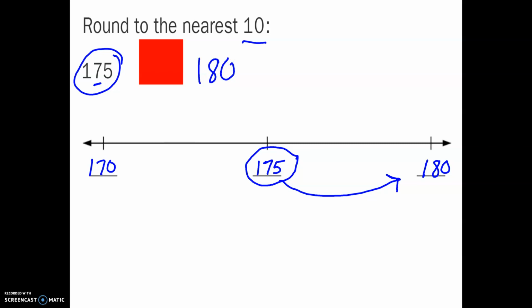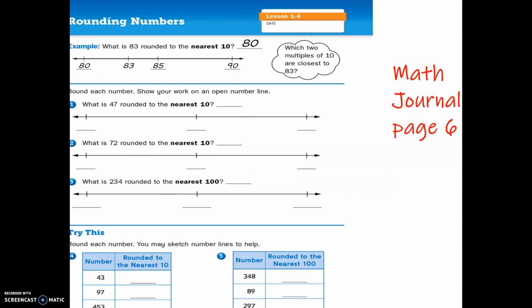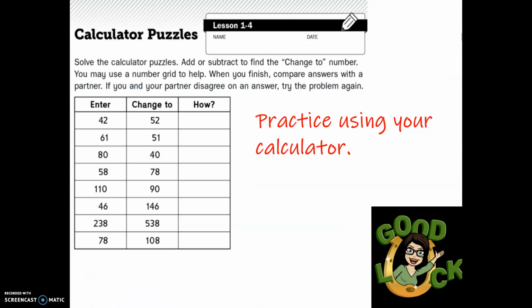Okay, so in your math journal on page 6, there are some practice problems for you to do. Moms and dads can help. Snap a picture and have moms or dads email it to me. Okay? And then here's a page that you can practice. You don't need to print it out or anything like that.